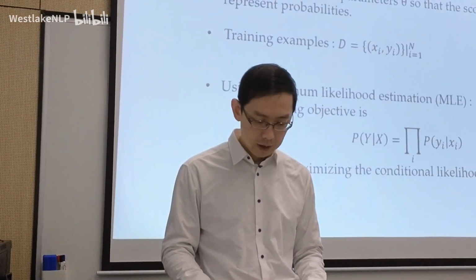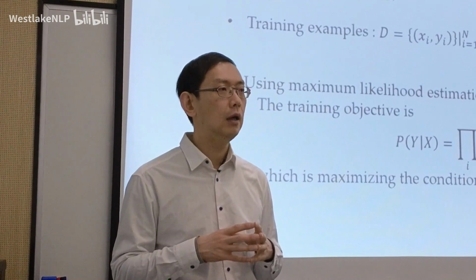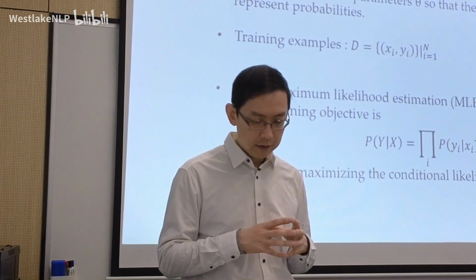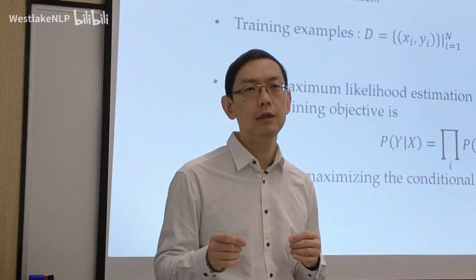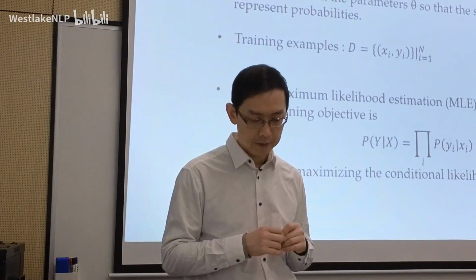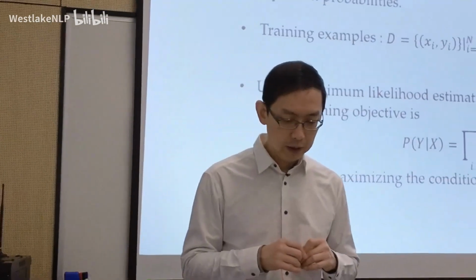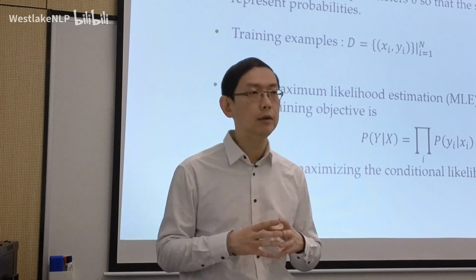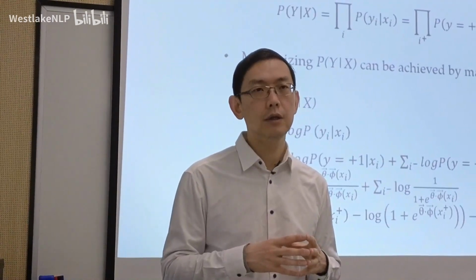Now, let's define the objective function for the binary classification problem. For this problem, we saw that y equal to positive 1 is given by the logistic function, the sigmoid of theta dot phi x. Now suppose that in your training data, you have a number of input documents with the positive 1 class, and you have a number of input documents with the negative 1 class.